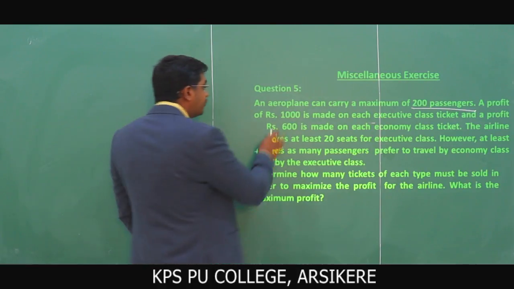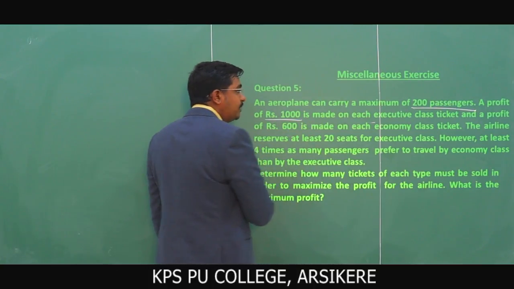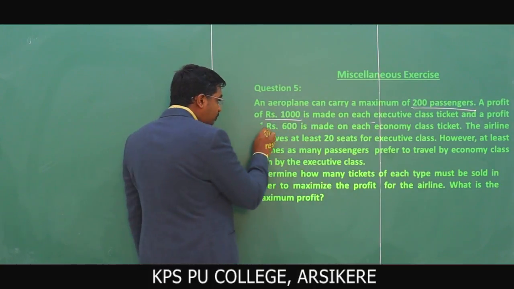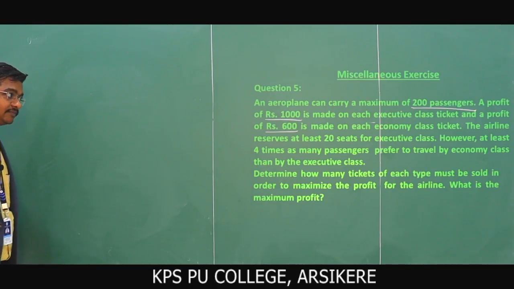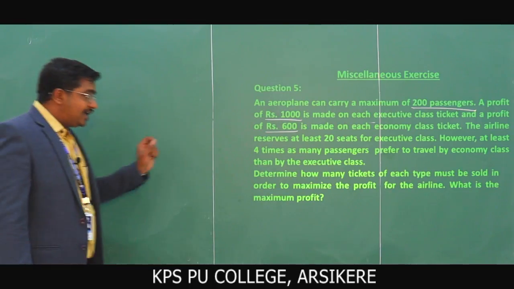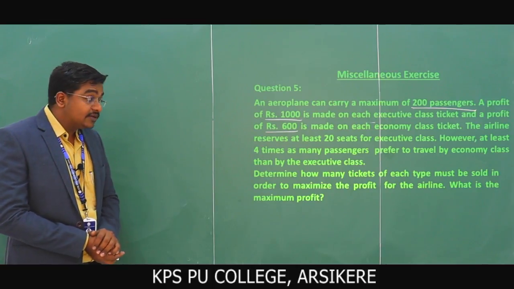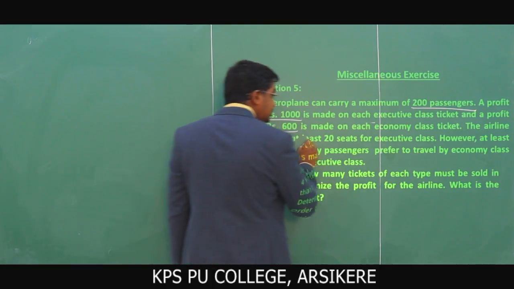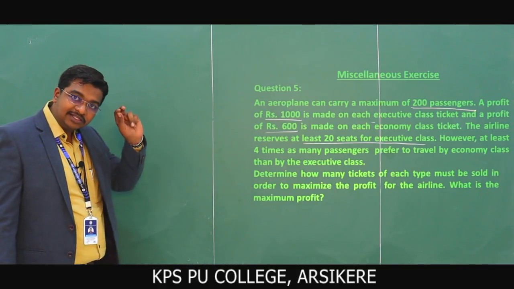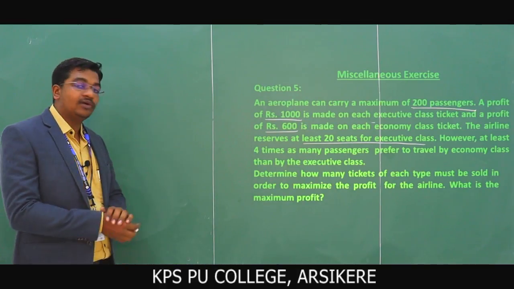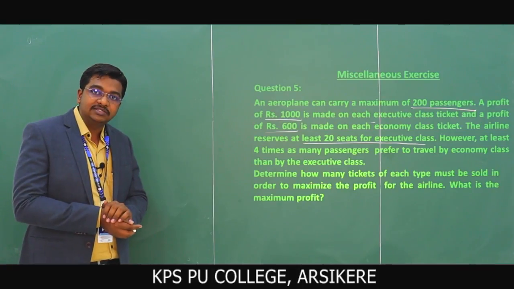A profit of rupees 10,000 is made on each executive class and rupees 600 is made on each economy class ticket. Right? The airline reserves at least 20 seats for executive class. At least means here minimum 20 seats.